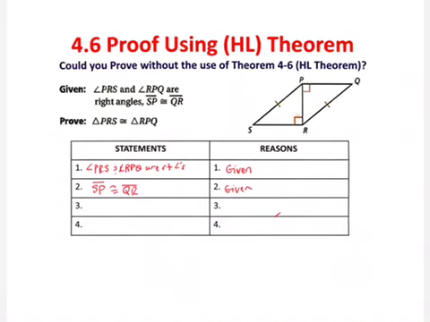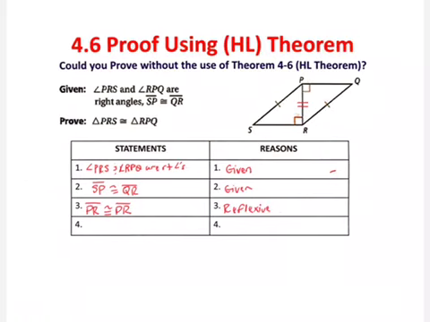So from there, we need to figure out what else we need to try to use hypotenuse leg. We have right triangles, we have the congruent hypotenuses, then we should notice that we have congruent sides in PR, because PR is congruent to itself. So PR is congruent to PR, and that's going to be our reflexive property.